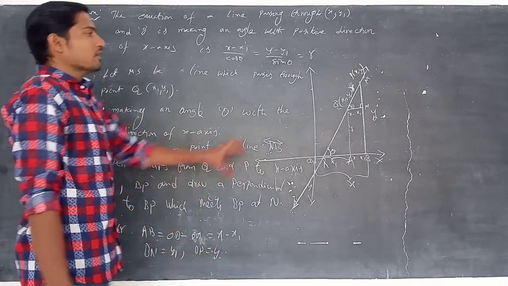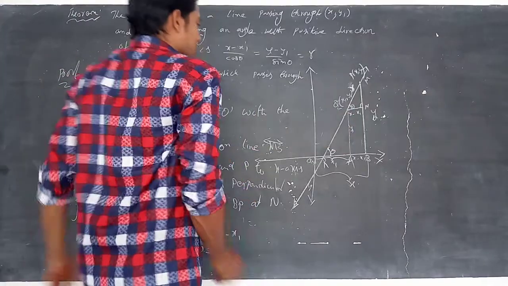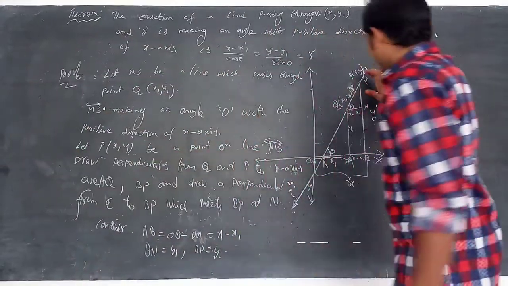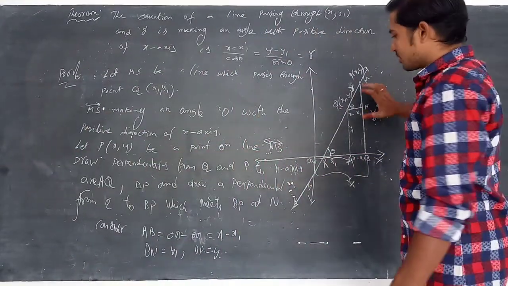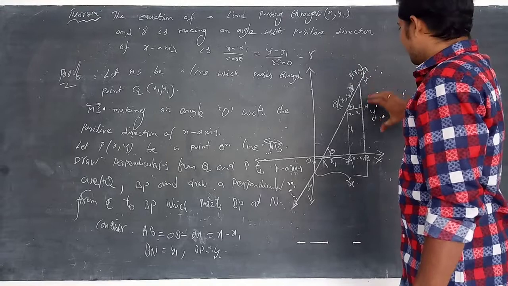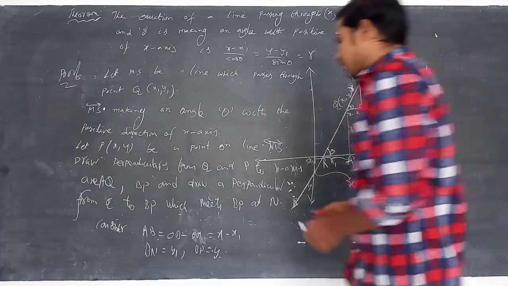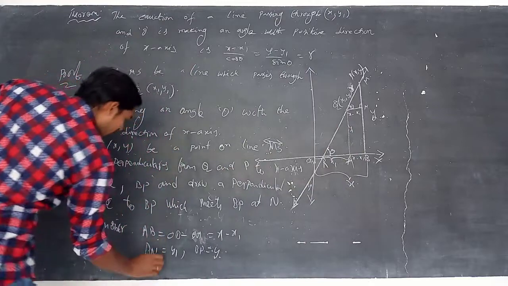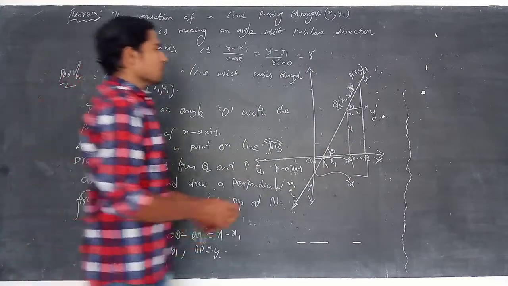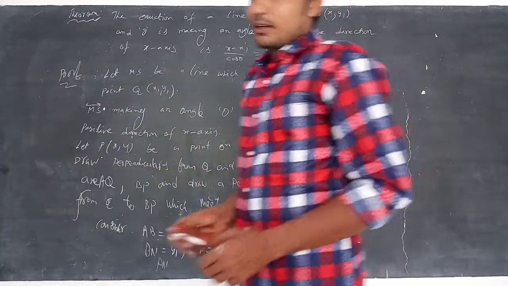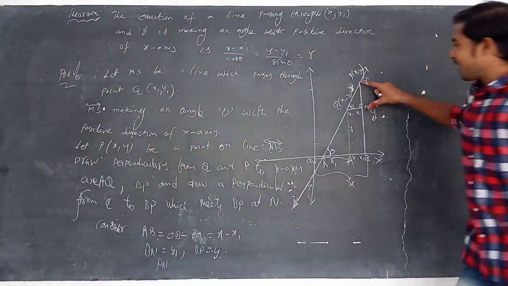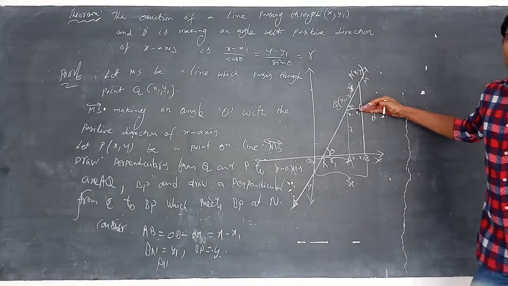I want only the value of MN. I want the value of PN. PN value I need. To get PN, take BP and cut BN.